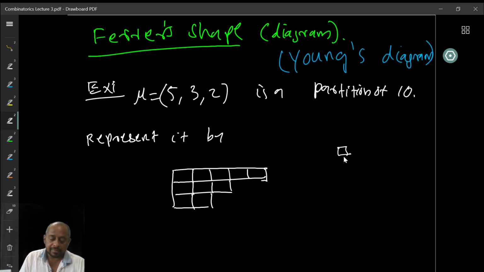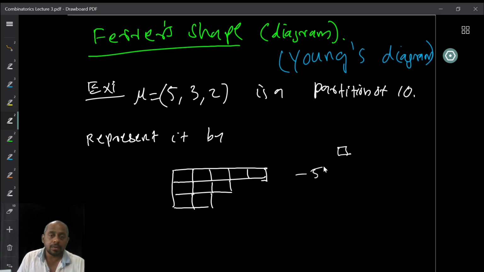Now to represent 5, as part of the partition mu, I put 5 unit squares in a row, left justified. So all of them will sit at the leftmost part. So there are 5 of them, and this corresponds to 5 in our partition.